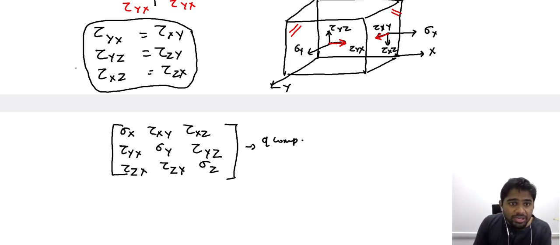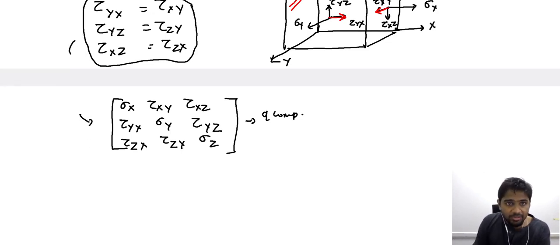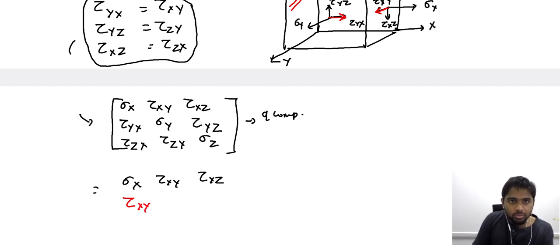Now when you introduce this relation here, this entire matrix can be written as sigma x, tau xy, tau xz. And now since tau yx is equal to tau xy, this can be replaced as tau xy, and we go back to our sigma y, and in a similar way we will let this remain the same.